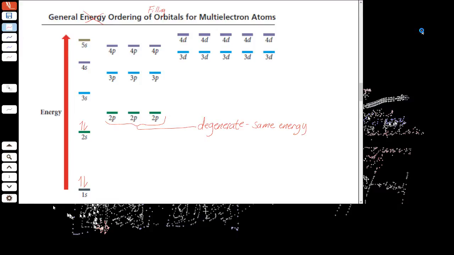So that means when we count 5, 6, 7, 8, 9, 10 for our next electrons, we're going to count 5, 6, 7, and then pair them up. 8, 9, 10. Yeah, that works?